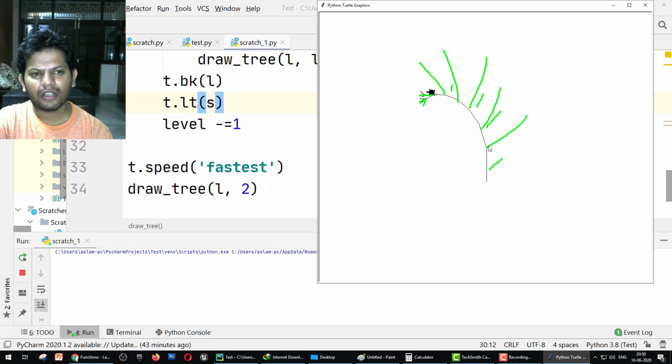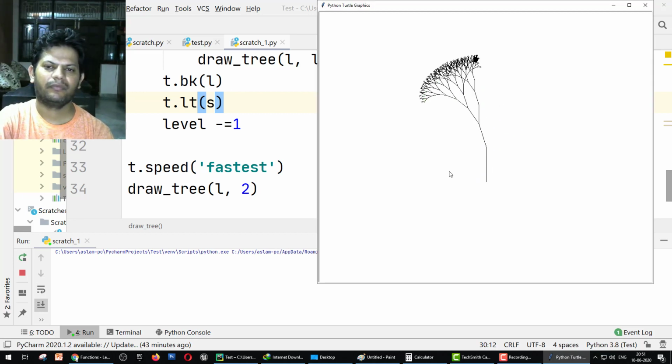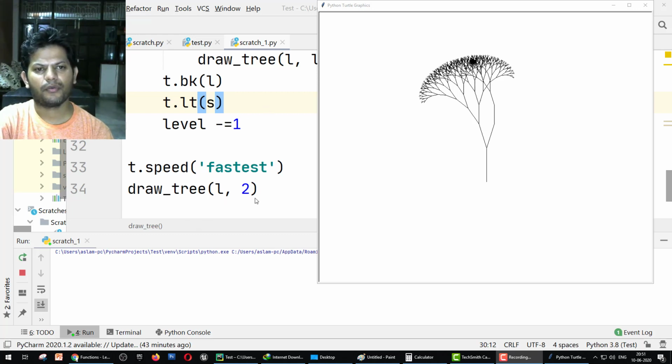When he comes to here, after this the level is -1 and he stops the program. Now his this level and this level, now the last level is this, because this level is minus. And the speed of drawing is fastest and draw L comma 2 means level 2.